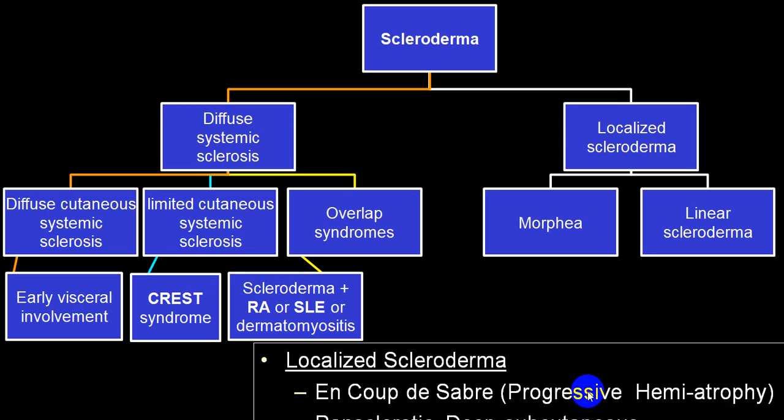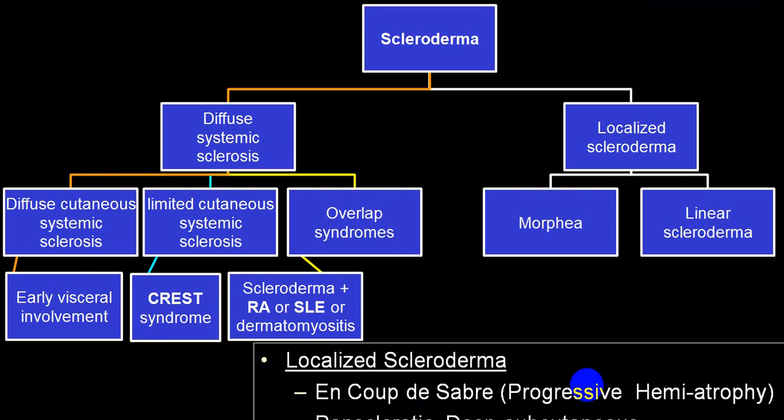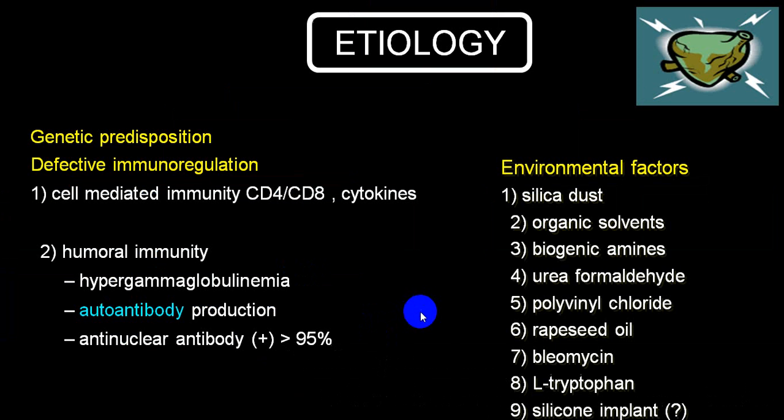And this progressive hemi variety is also called en coup de sabre. So these are different words which are being utilized. In overlap syndrome, it can be scleroderma with rheumatoid arthritis or with SLE or dermatomyositis. Any one of these combinations. That is called overlap syndrome.